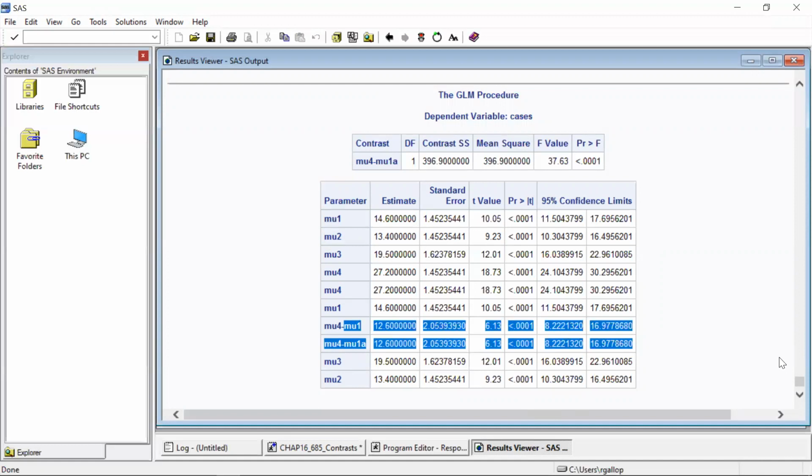That we see on average, the difference between design 4 and design 1 corresponds to 12.6 cases sold on average. And we know that difference is highly, significantly different than 0. So based on available data, we see that design 4 has a statistically superior number of cases sold on average compared to design 1.